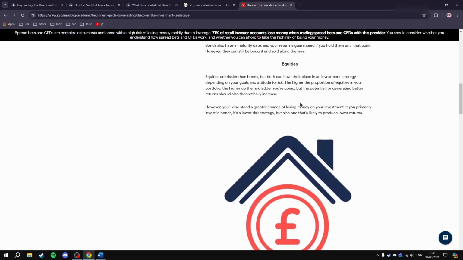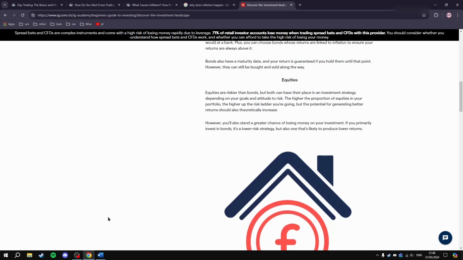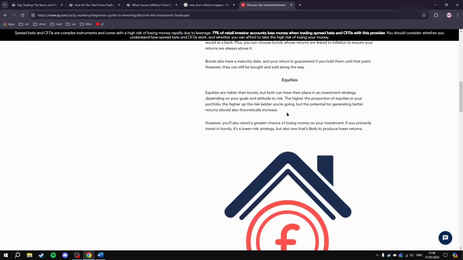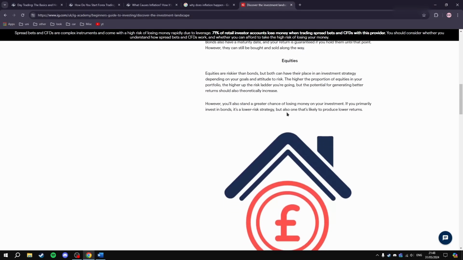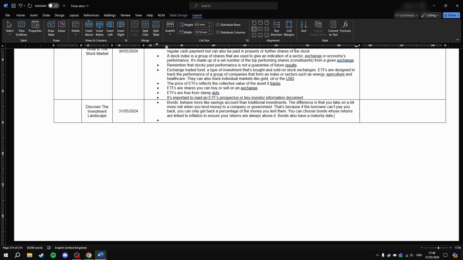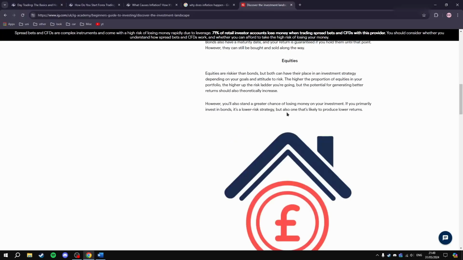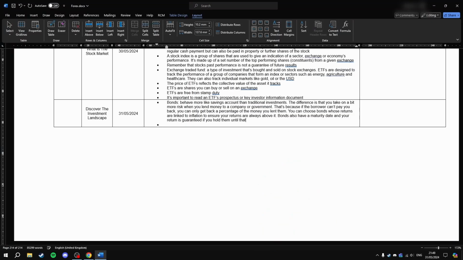Bonds also have a maturity date, and your return is guaranteed if you hold them until that point.